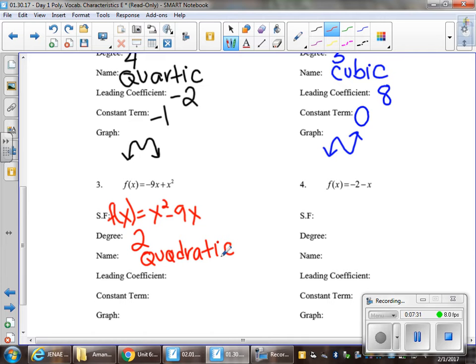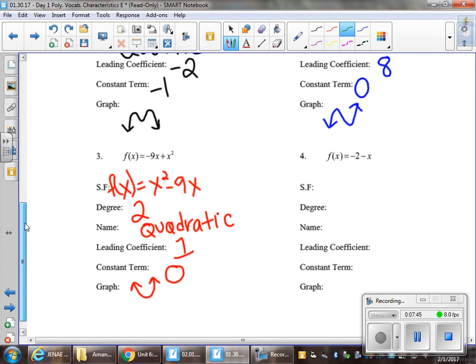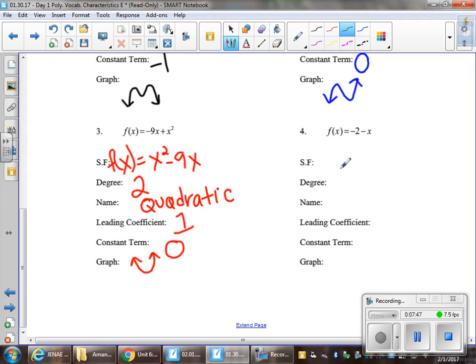Is 1, good. 0. Okay, last one. Standard form, how do I write it?